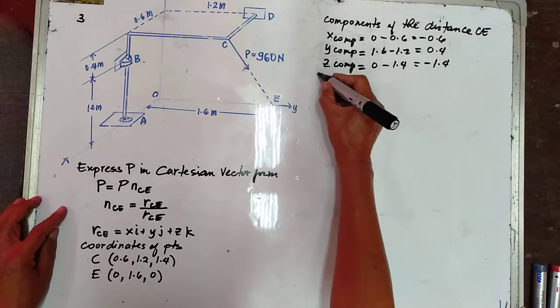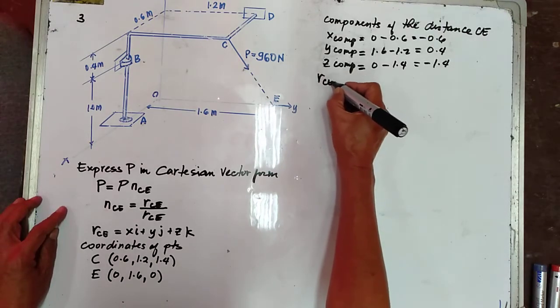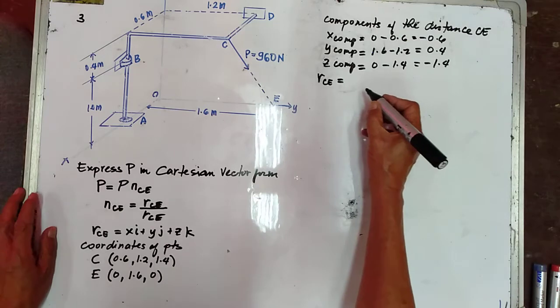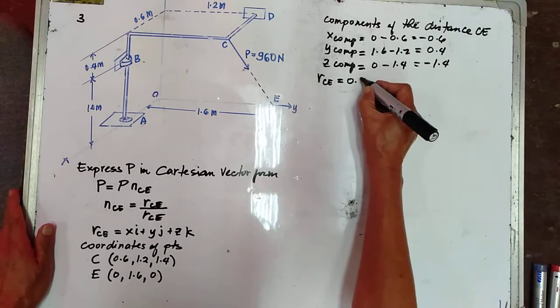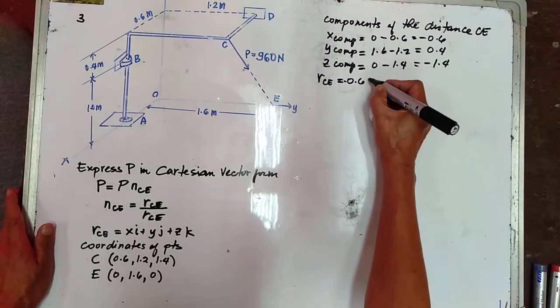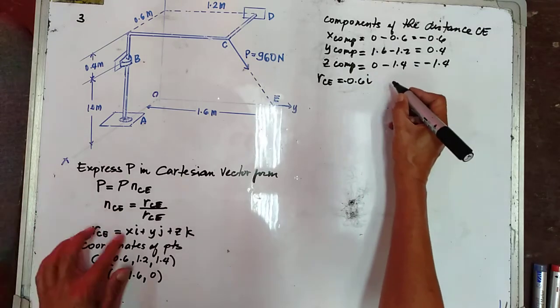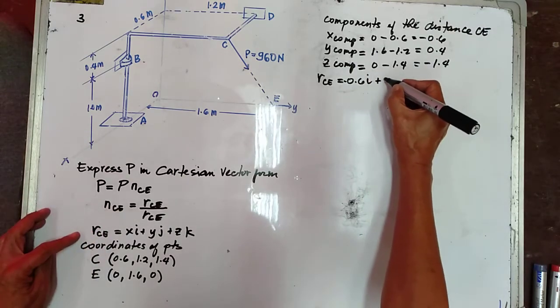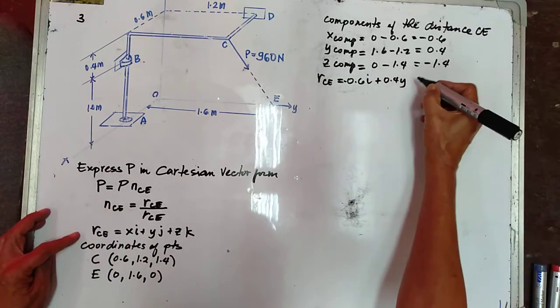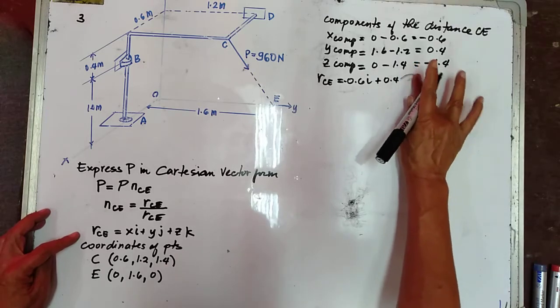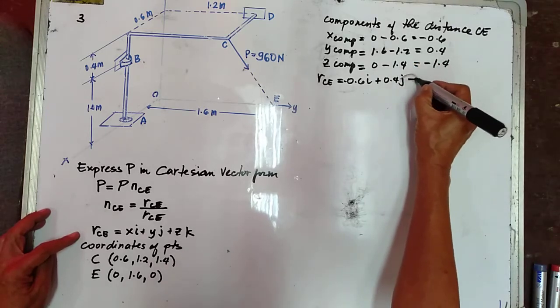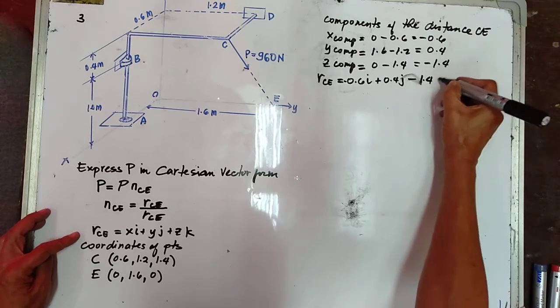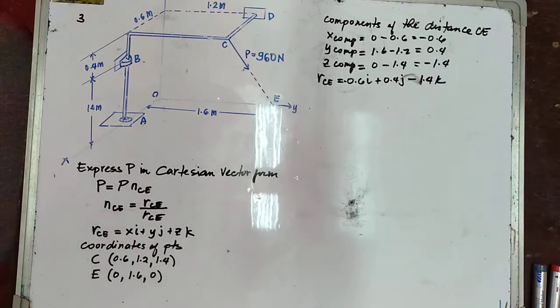Hence, your r_CE, the vector distance CE, is negative 0.6i plus 0.4j minus 1.4k.